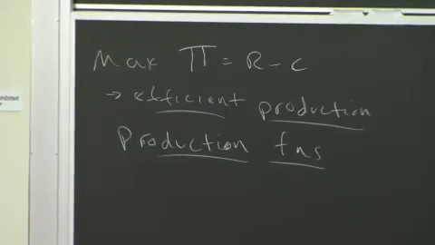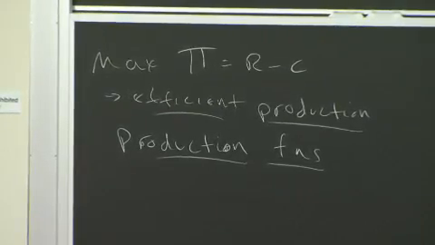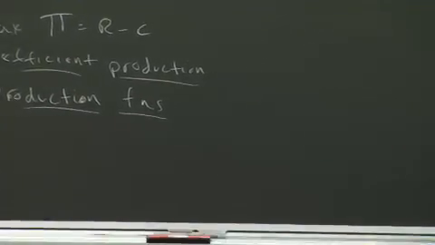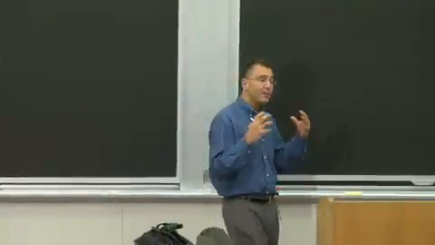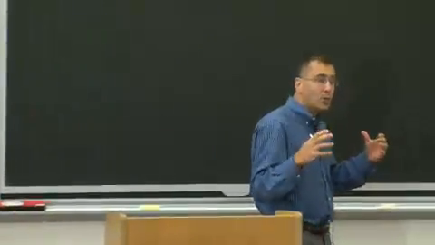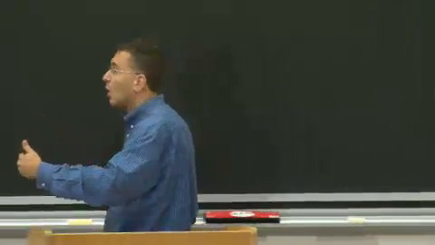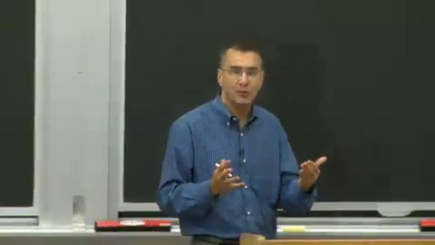That's essentially the technology by which a firm takes inputs, or what we call factors of production, and turns them into outputs. So just like your utility function is a tool through which we take bundles of goods and turn them into happiness, a production function is a tool through which we take bundles of inputs and turn them into outputs.